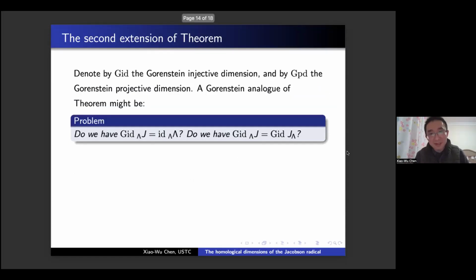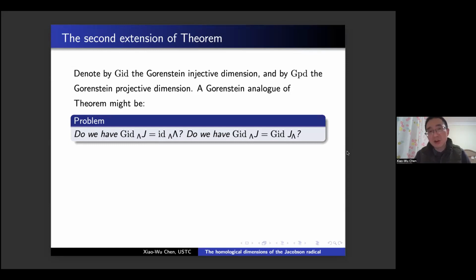Next. Yes, another direction to extend the theorem is that we consider the Gorenstein analog of the theorem. We know that in the Gorenstein analog, the global dimension has to be replaced by the self-injective dimension of lambda.